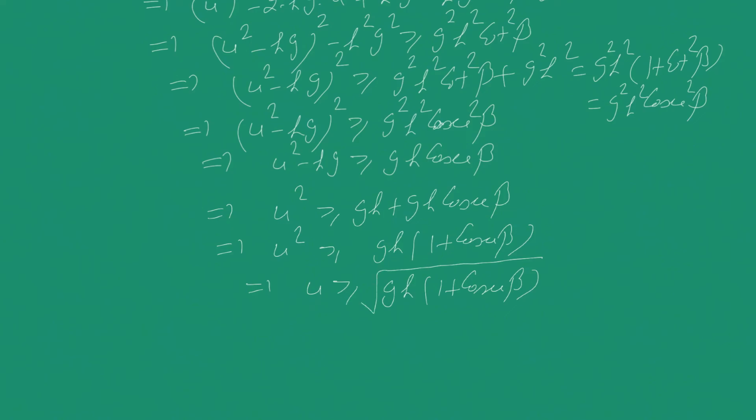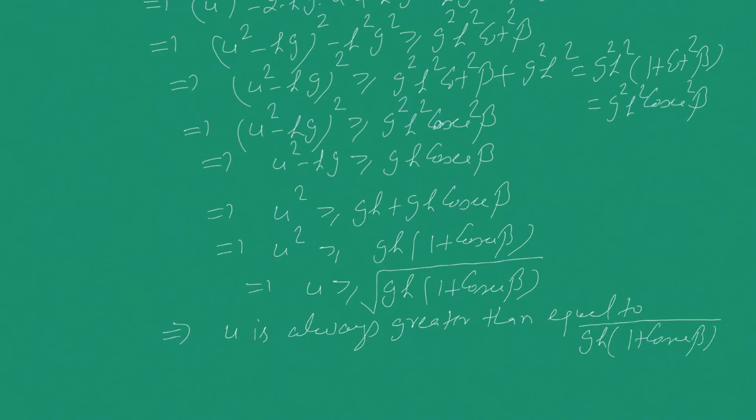This implies that u is always greater than or equal to the square root of g h times 1 plus cosecant beta. This implies that u can't be less than this factor, the square root of g h times 1 plus cosecant beta.